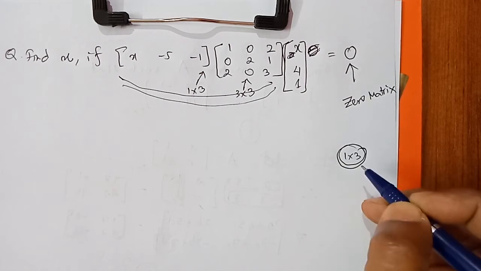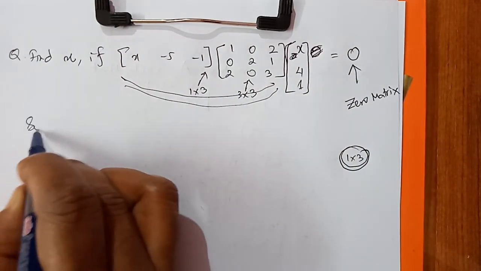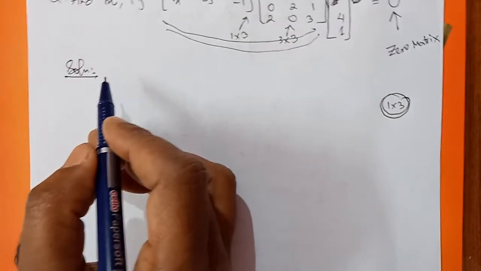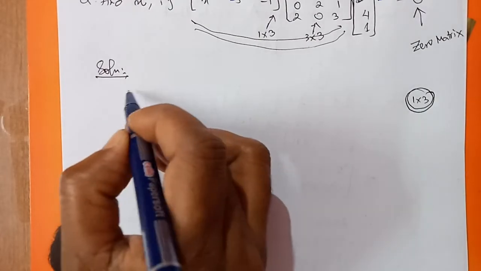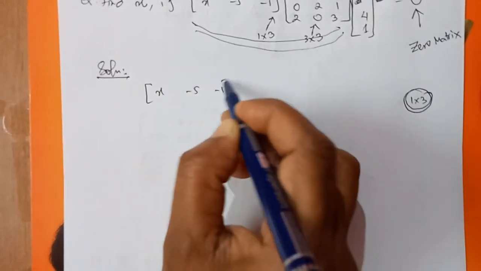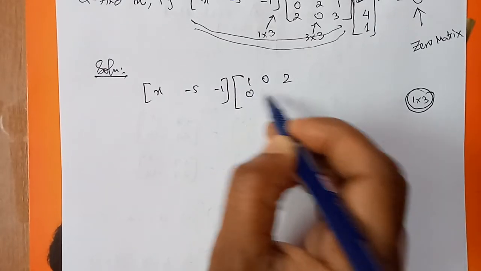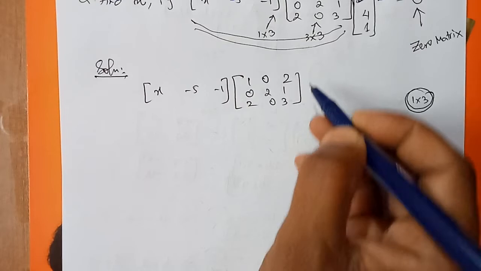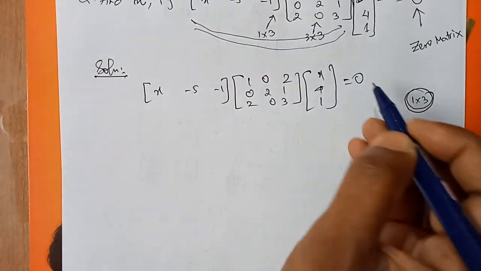First two product. Solution start. x, minus 5, minus 1, 1 0 2, 0 2 1, 2 0 3, and here x 4 1 equal to 0.